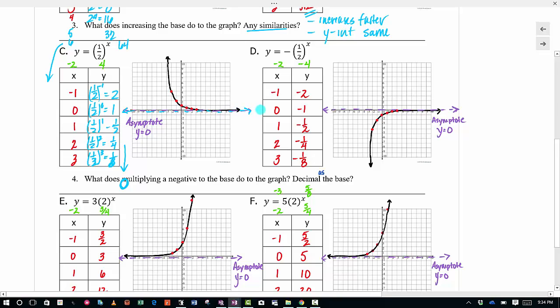There's that boundary. How do we write those asymptotes? You can see that I wrote y equals 0. And if you remember from when we did lines, we can write a horizontal line or a vertical line by remembering that whatever axis it goes through, we say that number that it goes through. In this case, it goes through 0, so we say y equals 0.